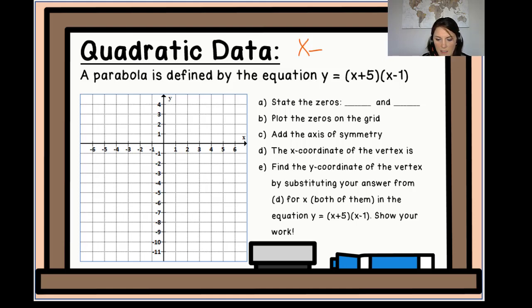So x plus 5 equals 0, and if we solve for x, x equals negative 5. Okay, so we're going to have a zero at negative 5, 0. So again, you can see that we've just switched the signs. And the other zero, if we let x minus 1 equal 0, x is going to be positive 1.